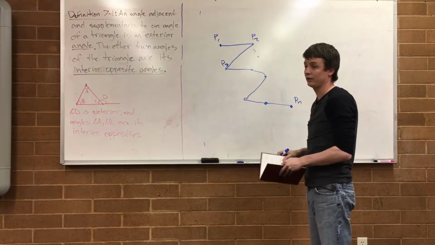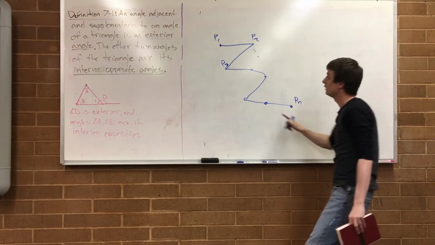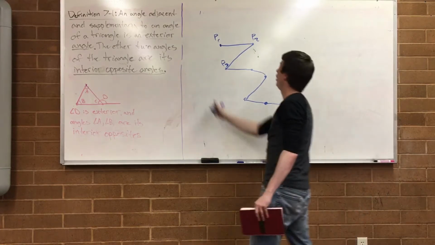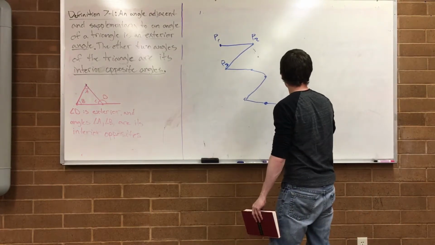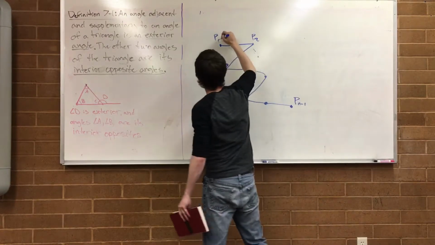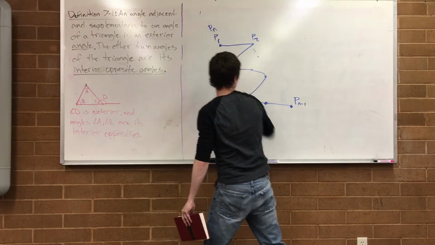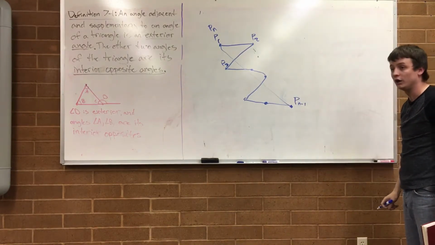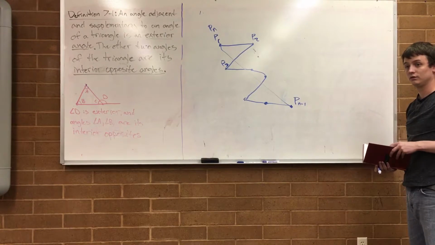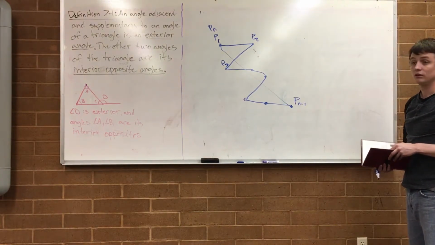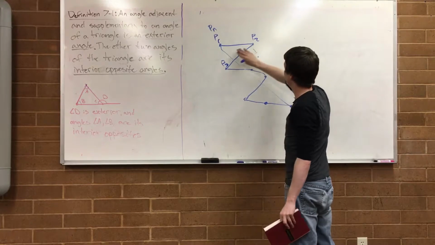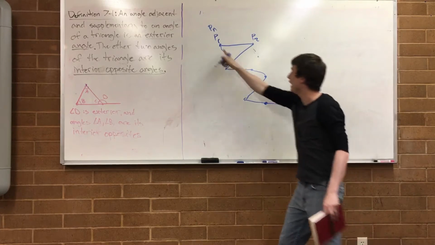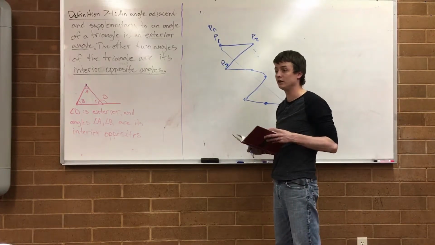Now, if Pn and P1 are the same point, in other words, the last point in your path is also where you started, so this is Pn minus 1, the second to last point, and Pn and P1 are the same point, so this shoots back like that, then you have what's called a polygon. So if it doesn't end where it starts, we call it a polygonal path. If it ends where it starts, we call it a polygon.